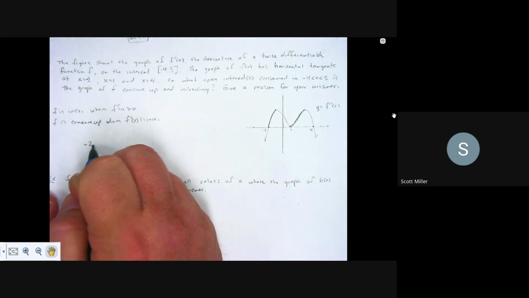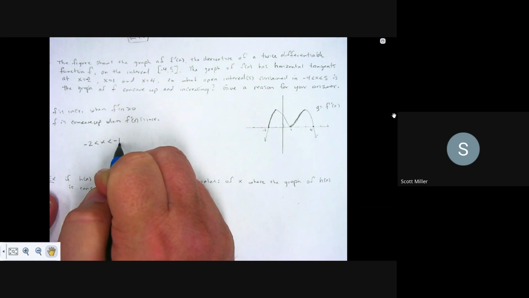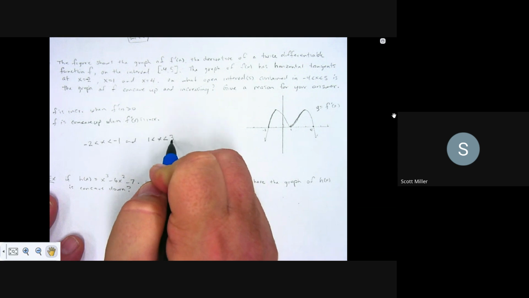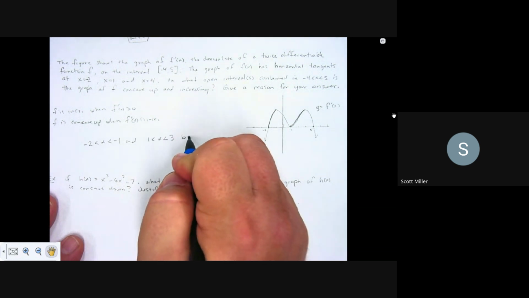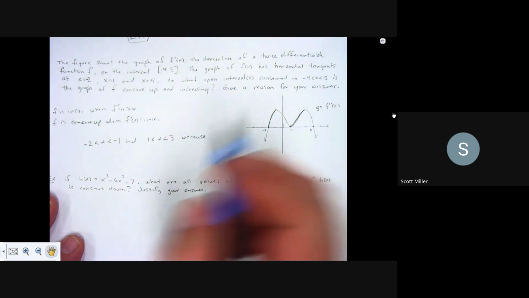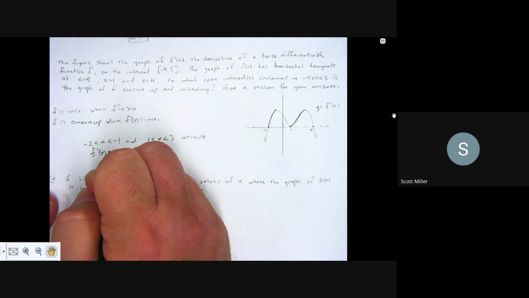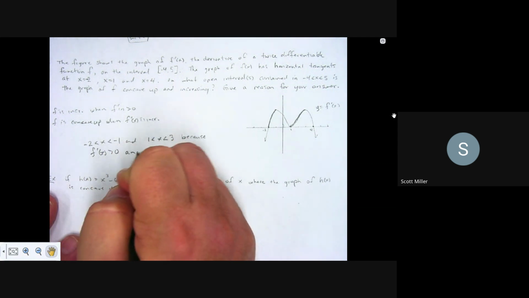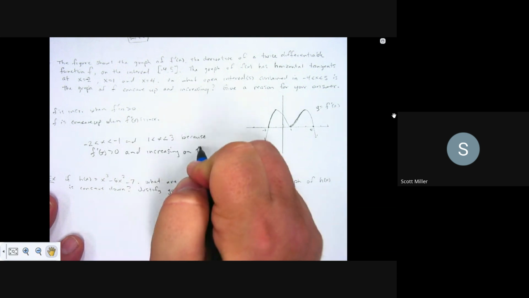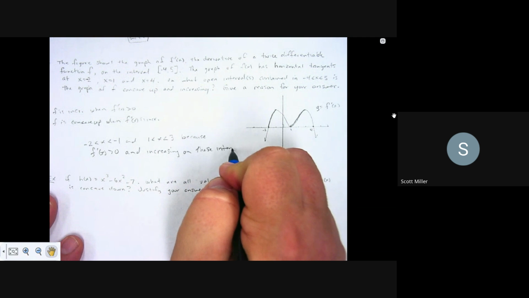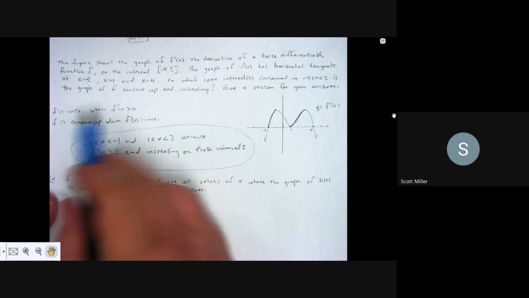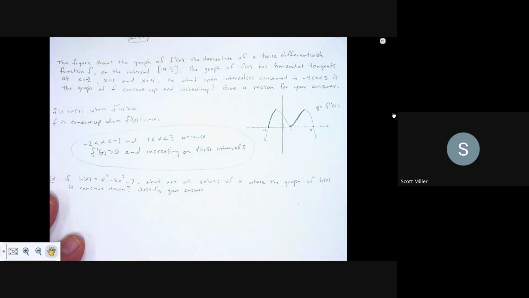So the interval from -2 to -1, and the interval from 1 to 3 are the two intervals because, and then I have to state why I know, based off of the picture, f prime of x is greater than 0 and increasing on these intervals. And that's how you would write this answer. Okay? This is what we were looking for, and this is my final statement and answer.